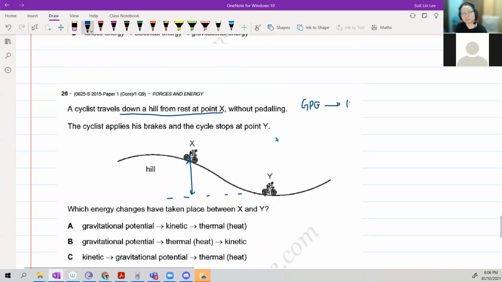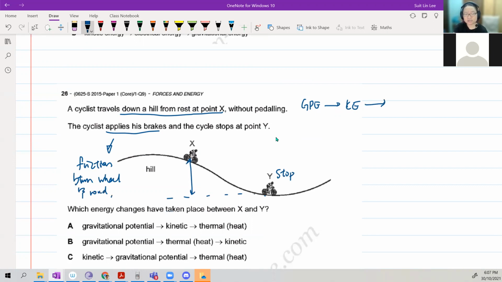So GPE becomes KE. But at Y he also stops already, meaning I step on the brake. If I apply the brake, I increase the friction between the wheel of the bike and the road. That causes heat or thermal energy. So the answer is A. Very nice.